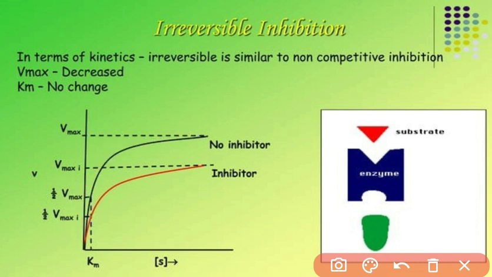When there is an inhibitor, you can see the Vmax decreased in the presence of the inhibitor and no change in Km. These are the kinetics. When an irreversible inhibitor molecule is there, the value of Vmax decreases and there is no change in Km, and this is similar to non-competitive inhibition.